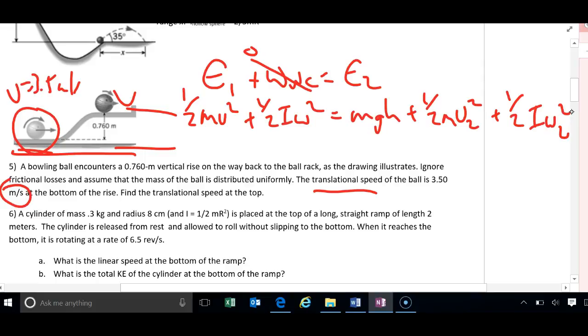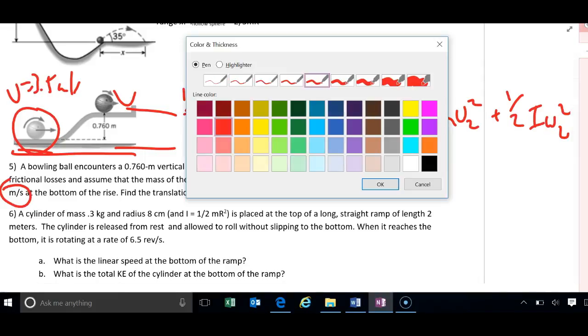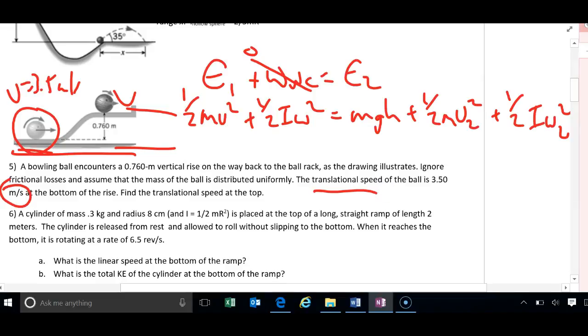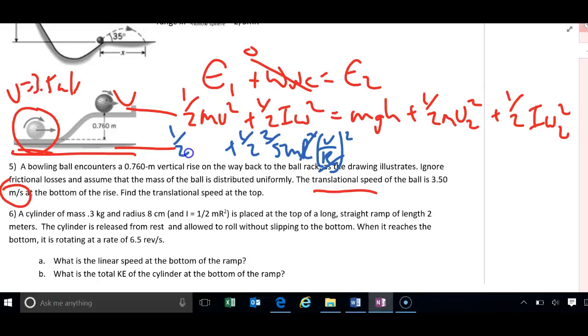All right. So what have we done in the previous problems? We've converted all rotational to linear. So this needs to now become 1/2. Well, this is a bowling ball, so we have been saying this is 2/5 mr squared times v over r squared, so that squared cancels. So on this side of the equation, I got 1/2 mv squared plus 2/10.